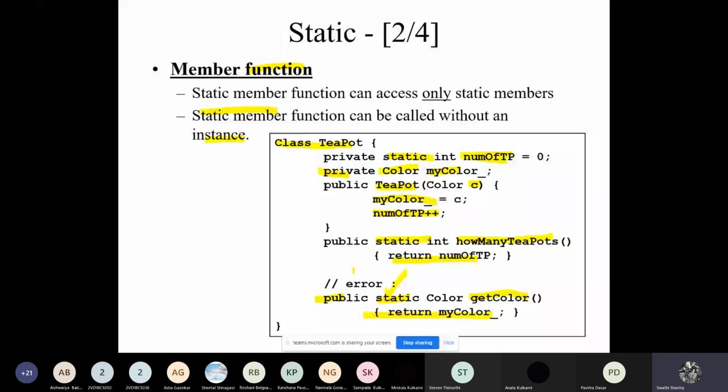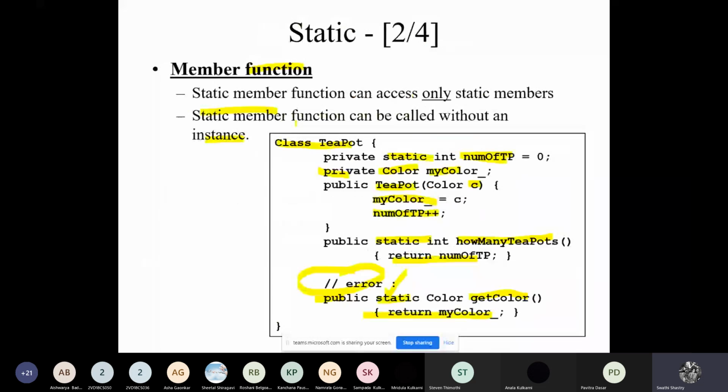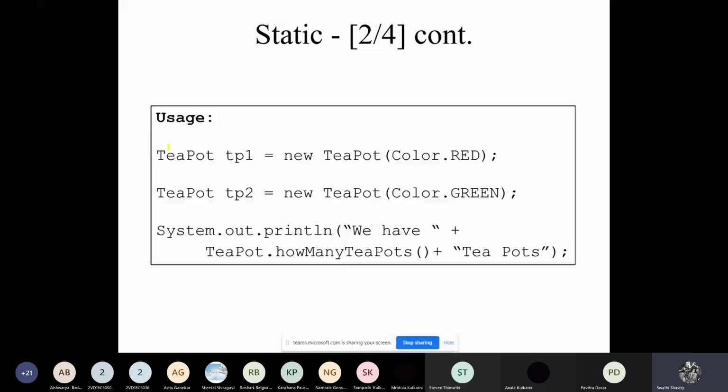First rule is that every static function can make use of only static members. It cannot make use of any other members. Second thing is that I can make use of these static members without creating an instance, in the sense without creating an object. Now, if I consider the usage of the same class, if I want to use that class, definitely I have to make use of an object, right?